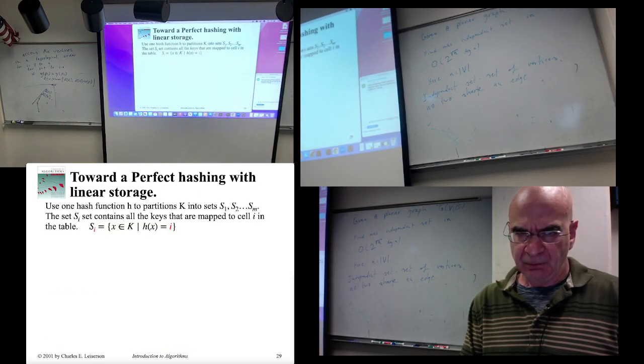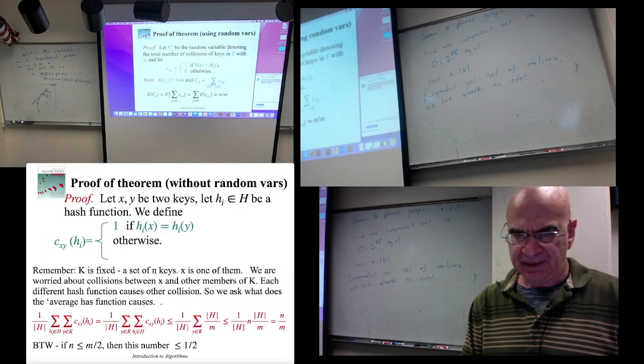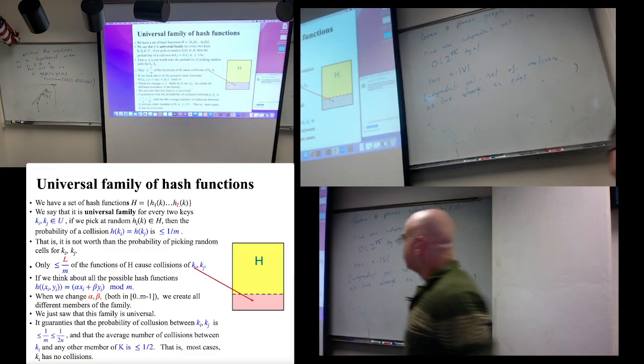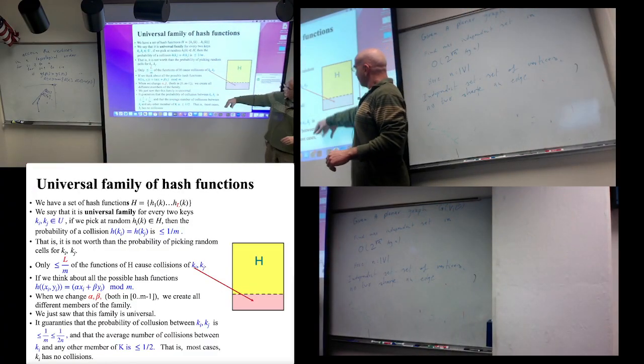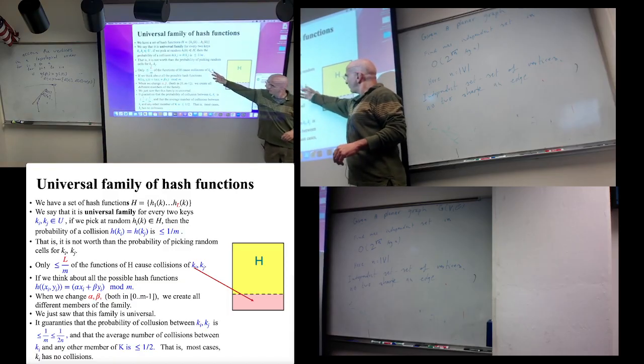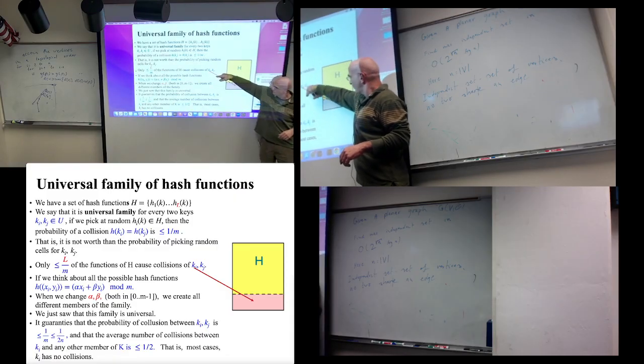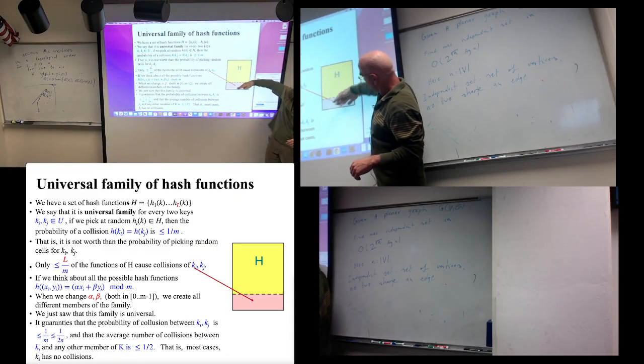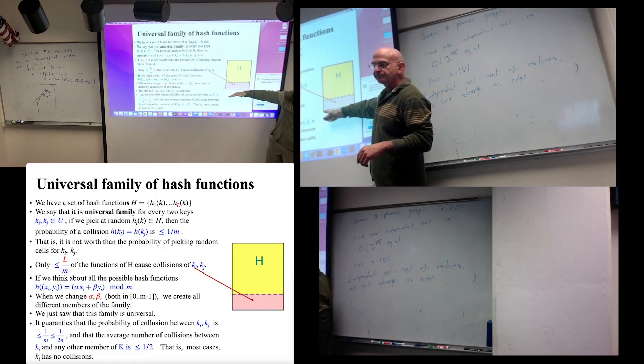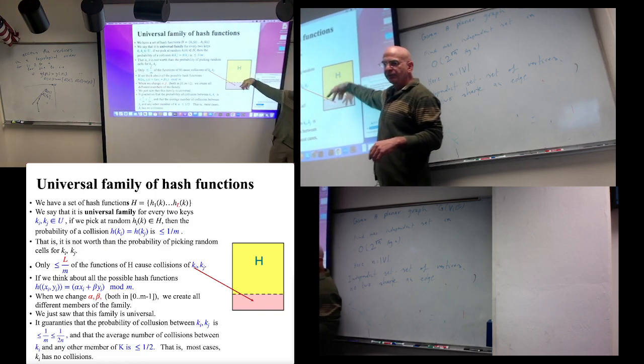We wanted to say that out of all the hash functions, for every pair of keys, the number of hash functions that caused this key to collide with this key will be no more than 1 over m of the total number of hash functions.